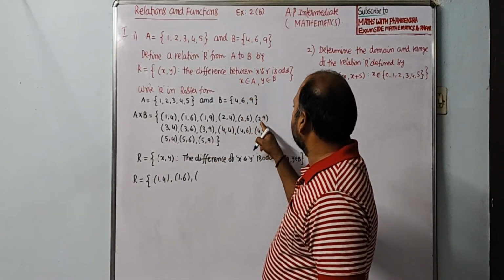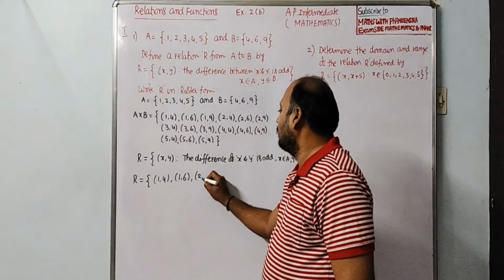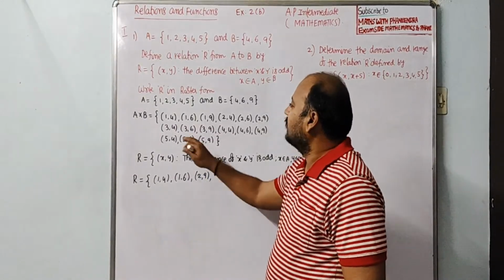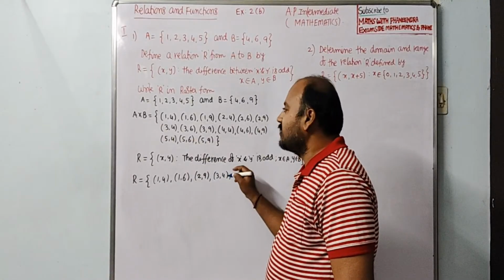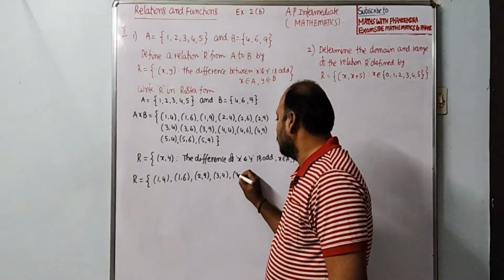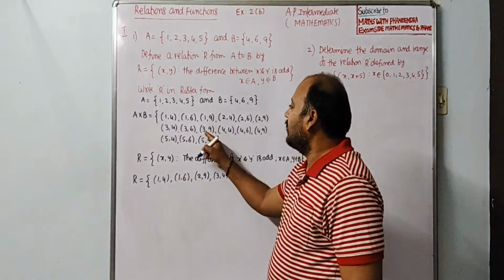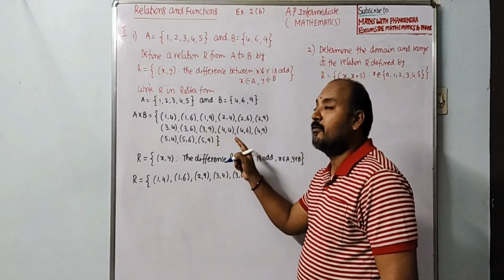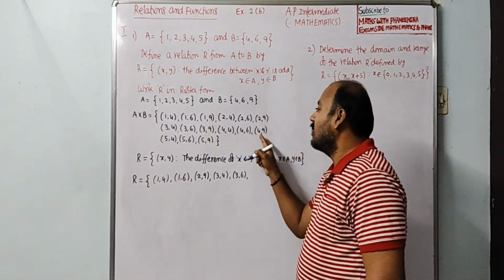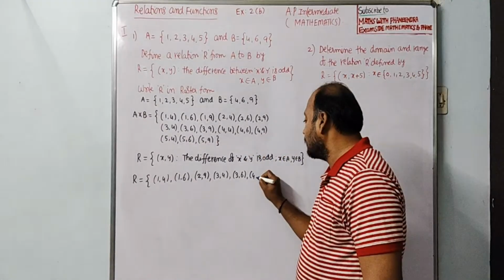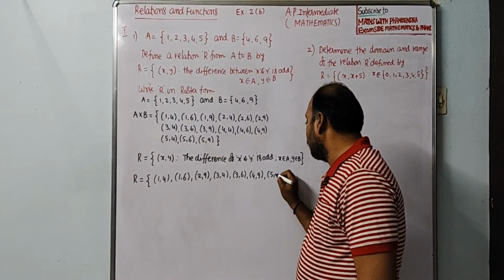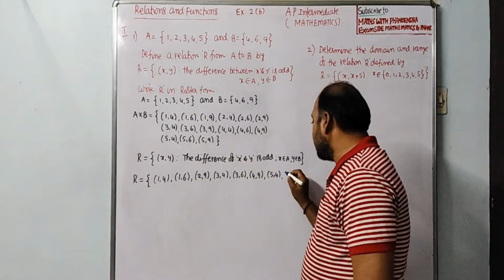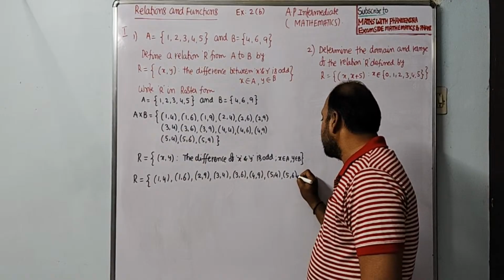Next, 2 comma 9, odd number it is. 3 comma 4. Next, 3 comma 6, that is also an odd number. 3 comma 9 won't come. 4 comma 4 won't come. 4 comma 6 won't come, 4 comma 9 comes. Next, 5 comma 4. Next, 5 comma 6. That's all, dear students.